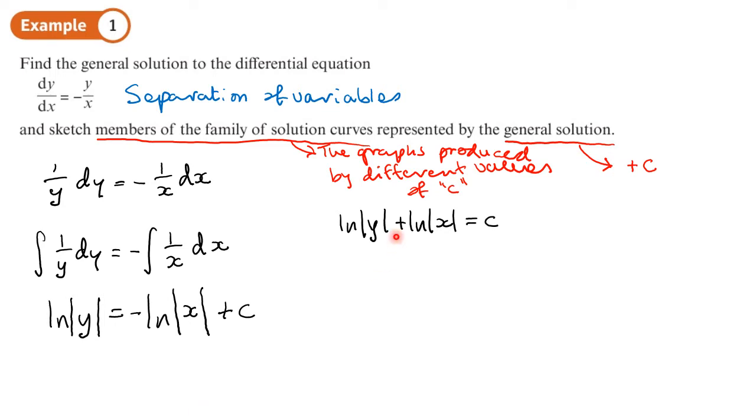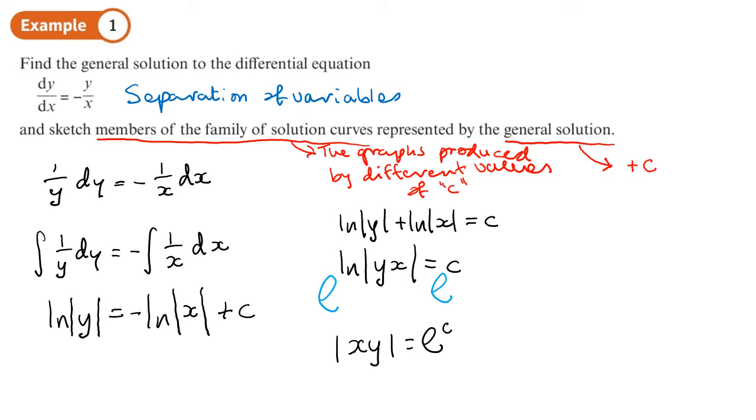Now since I've got a plus here, it means that I'll have the natural log of x times y, or y times x, like that, equals c. Then if I raise each side to the power of e, I will end up with the modulus of xy equals e to the power c.